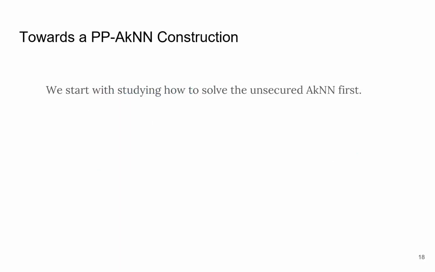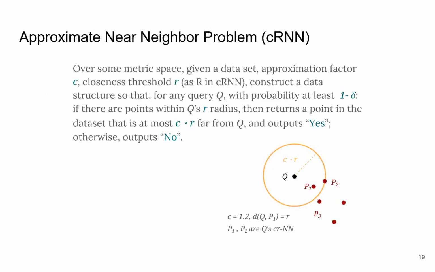Before going into details of building a PPAKNN construction, let's start with studying how to solve the unsecured AKNN first. First, we need to introduce the approximate near neighbor problem, or CRNN, and it asks the following question.